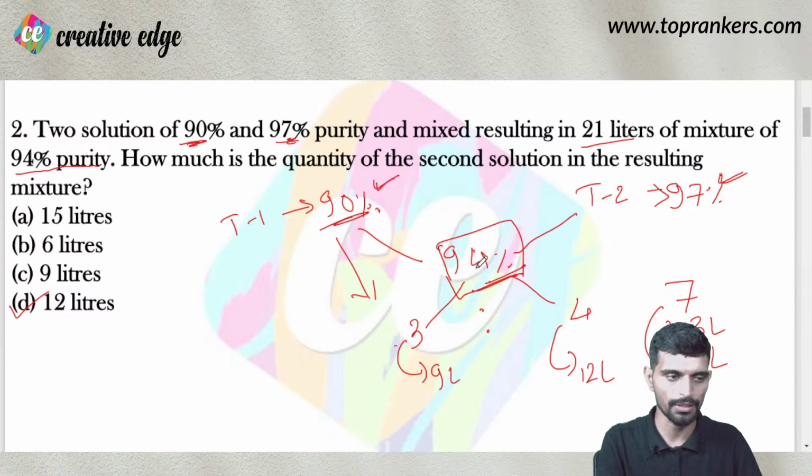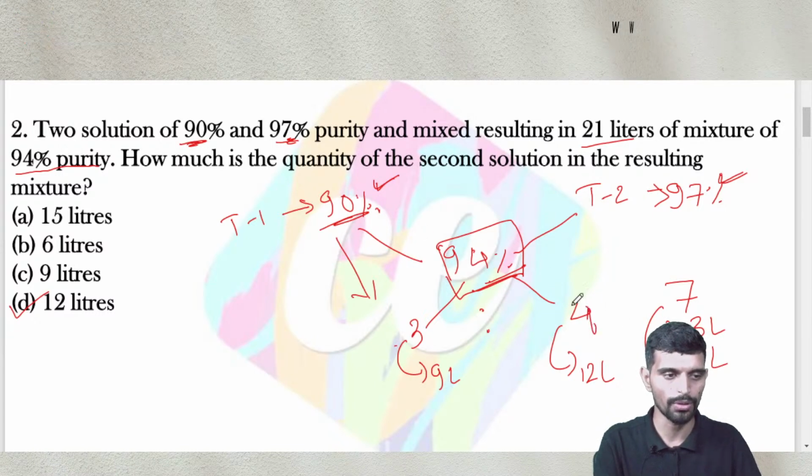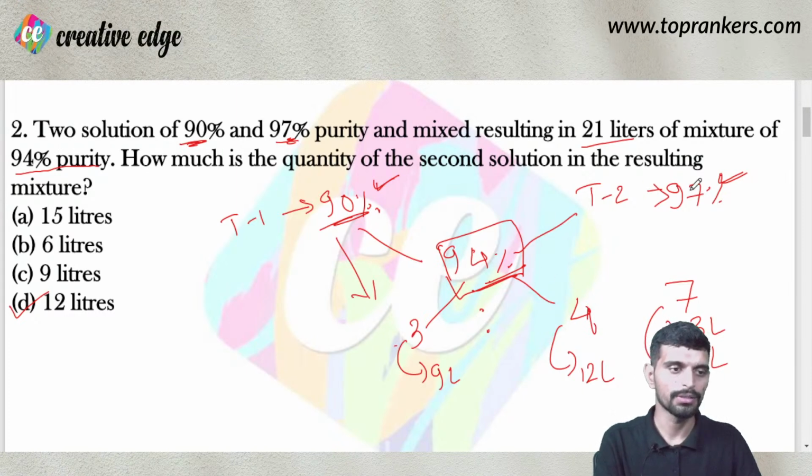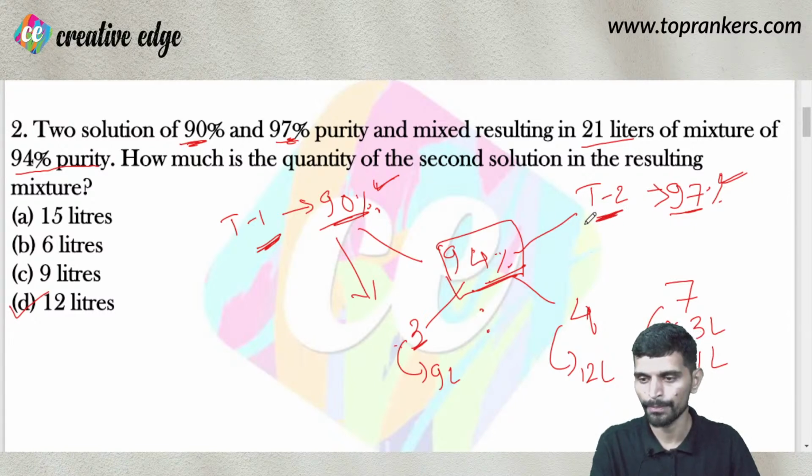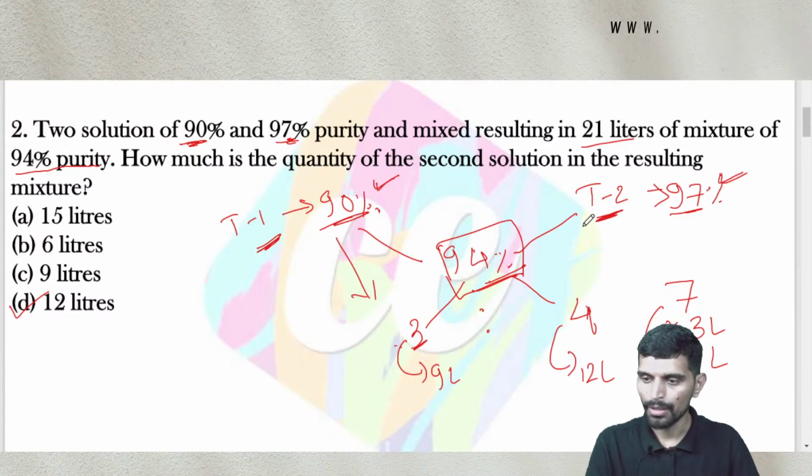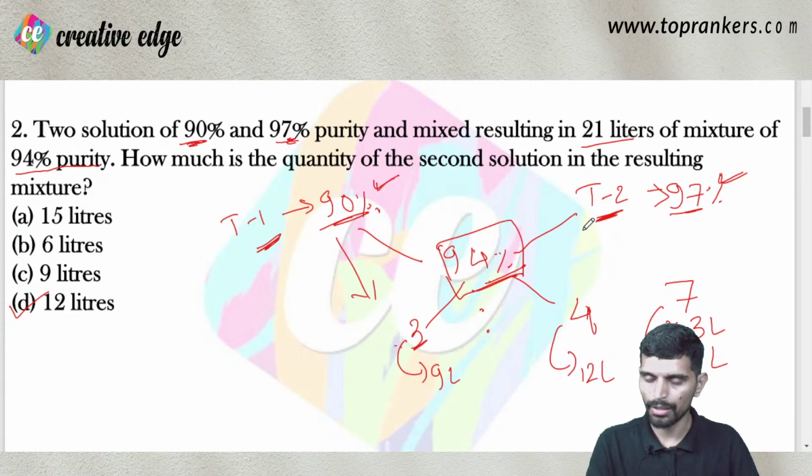You write the difference in the cross. This 94 minus 90 gives you 4. This is written here. This 97 minus 94, this 3 is written here. This 3 represents type 1 and this 4 represents the ratio of type 2 in the mixture. Is it clear to you, Swapnil?